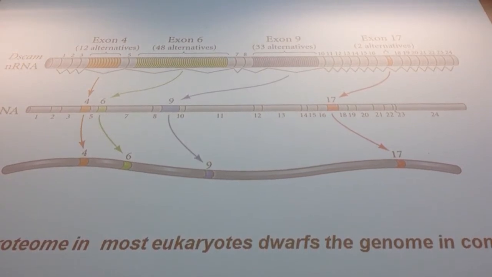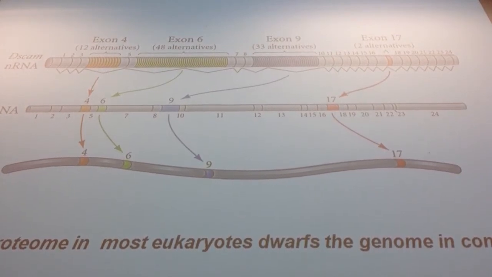Wow. Yeah, wow is right. This is the extreme. This is the most extreme that we know of. There aren't any genes that have that many alternative versions. But this one gene allows neurons to have 38,000 different versions, right, from one gene.